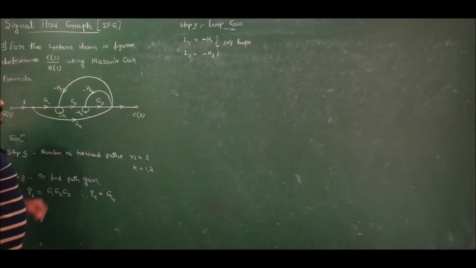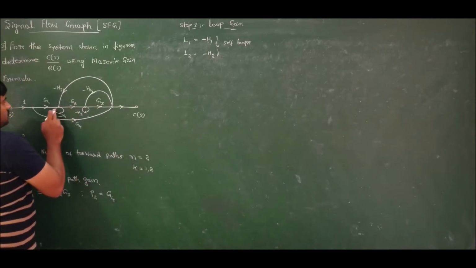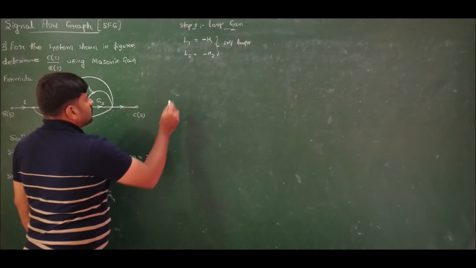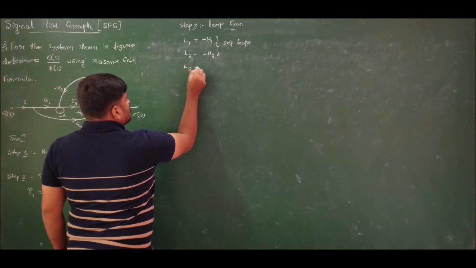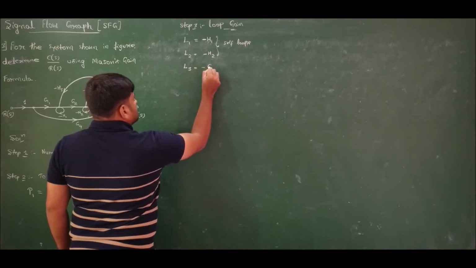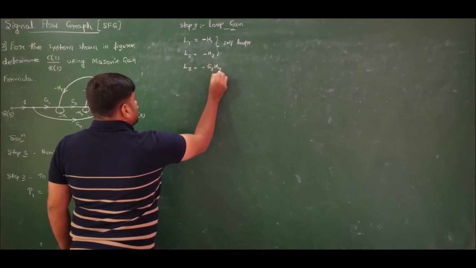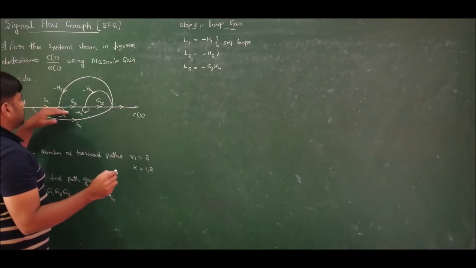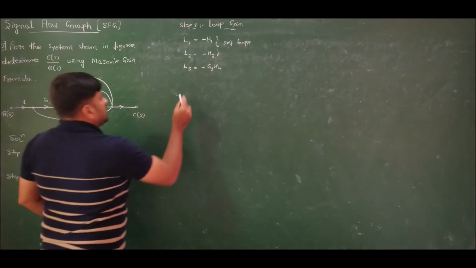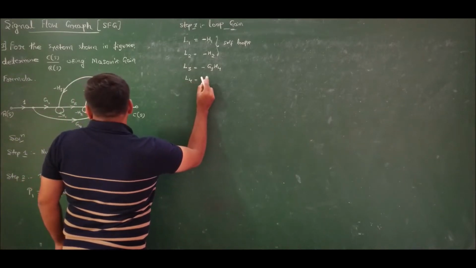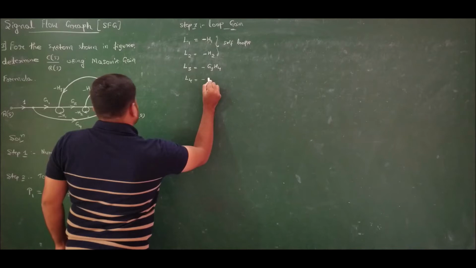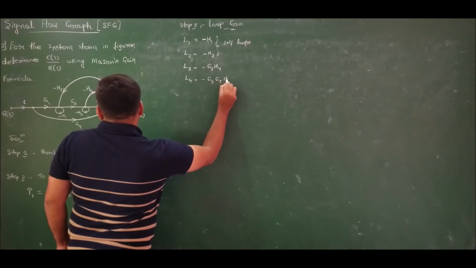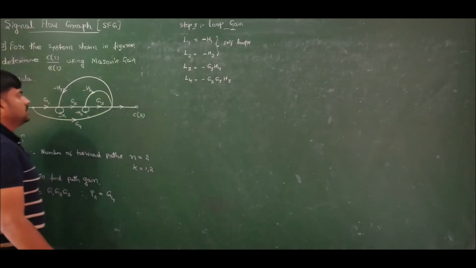So we have two self loops, and here we have one more loop, that is g3 into minus h4. So loop 3 will be minus g3 h4. Coming to loop 4, it is g2 g3 into minus h3, which is minus g2 g3 h3.